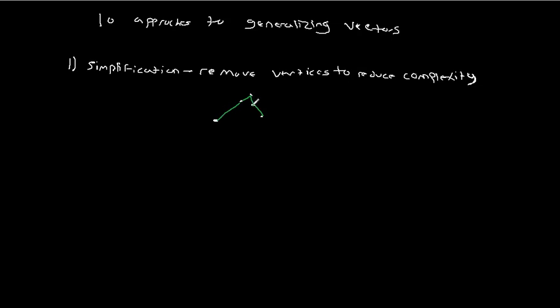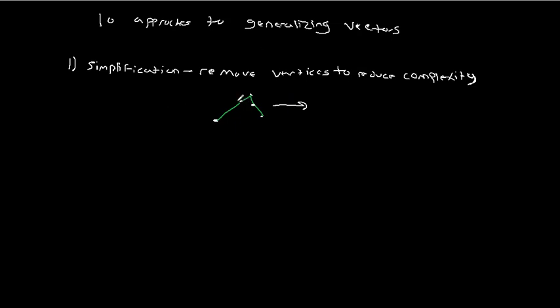So this could be a line geometry, right? We have 5 vertices or nodes connected by 4 edges or lines, right? And so you could imagine that in this particular instance, we can simplify or remove vertices.